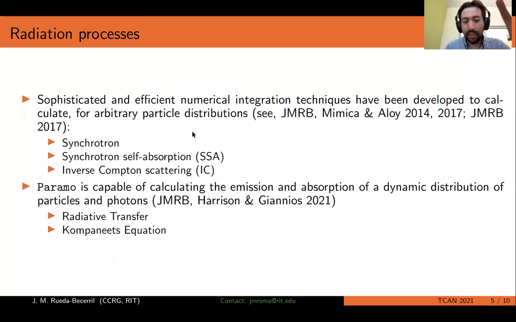So by coupling these equations, one can start evolving different distributions of particles, including photons, or we can calculate each component of the spectra using the radiative transfer equation.